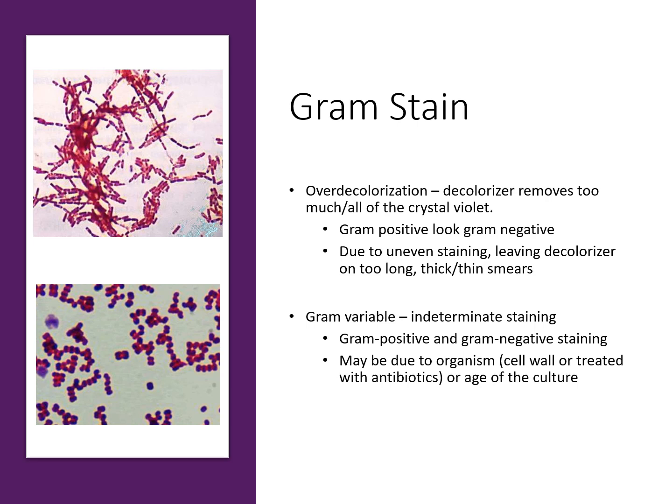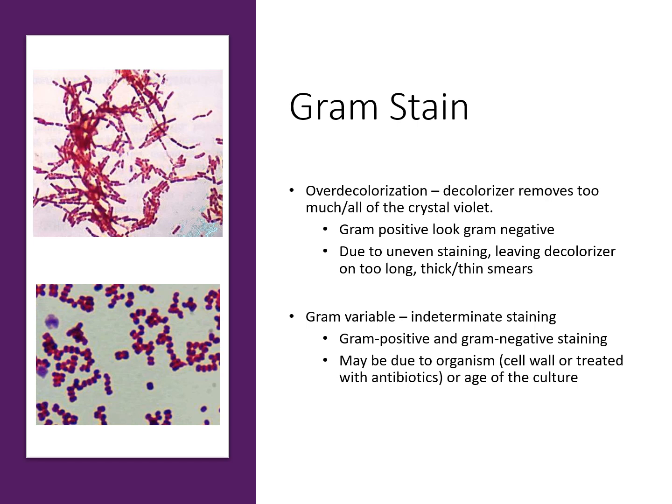It could be the age of the culture. So there are a lot of things that can cause that gram variability. And so what that would look like would be something like in these two images, where you've kind of got a little bit of that purple color, but you've also got the dark red color rather than pink. And so they get a different kind of shade to them.